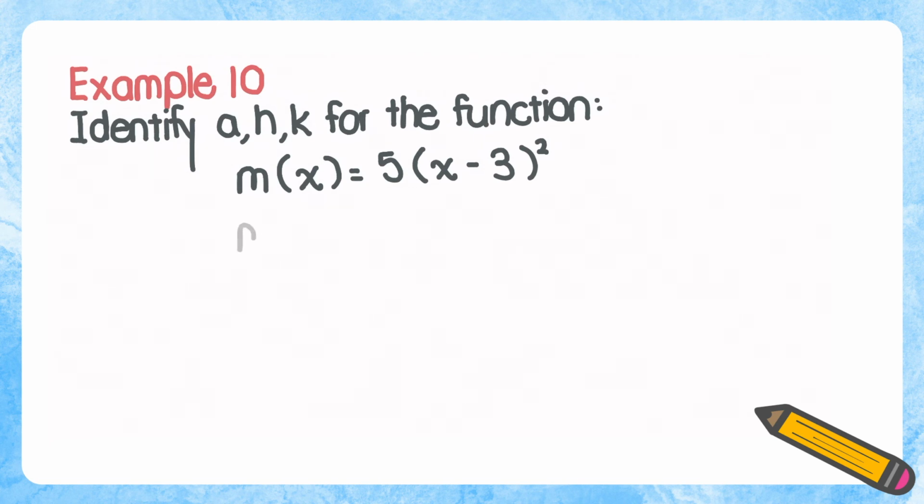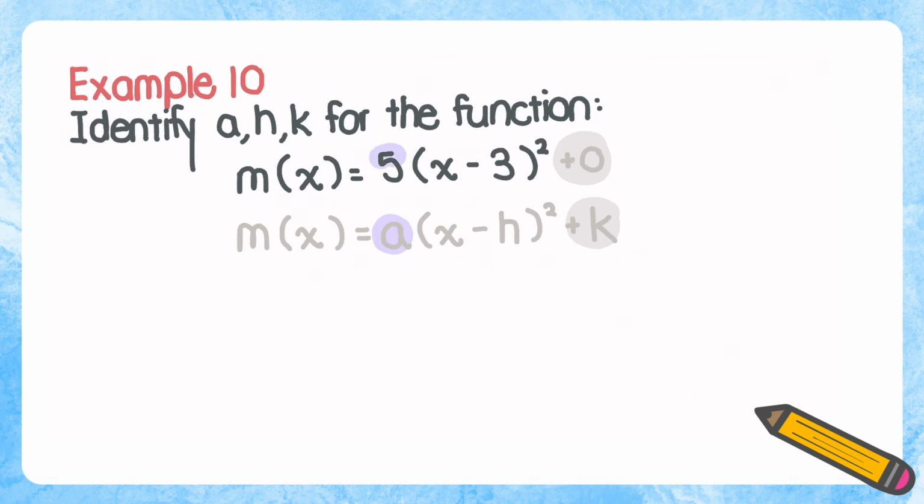The general vertex form is m of x equals a times (x minus h) quantity squared plus k. This plus k part is missing up here. What do we use to symbolize emptiness? A 0.